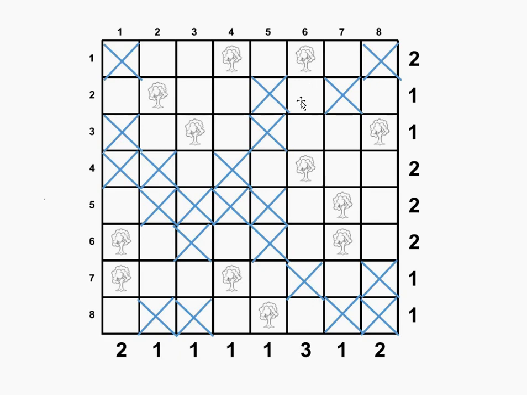The main condition is that the tents cannot touch, and the consequence is that in these two cells there is a chance for just 1 tent. Same logic here. There would be just 1 tent here, and finally there is a position for the remaining tent in column number 6, and here has to be a tent.